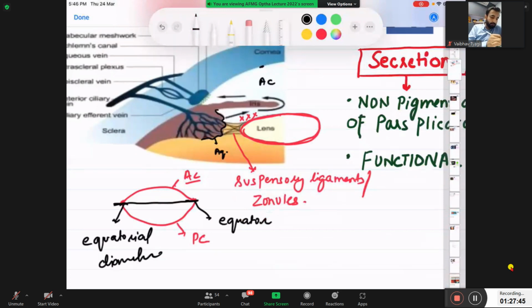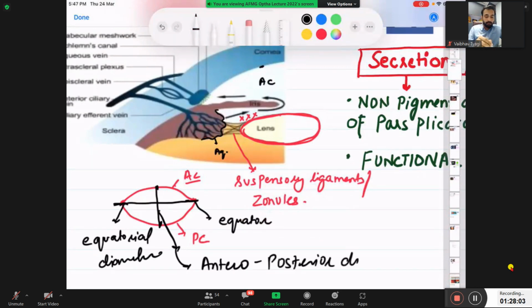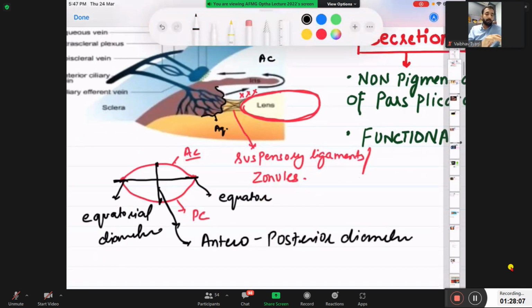And the center point of the anterior capsule and the center point of the posterior capsule, if you join them, this diameter is called the antero-posterior diameter. Clear?